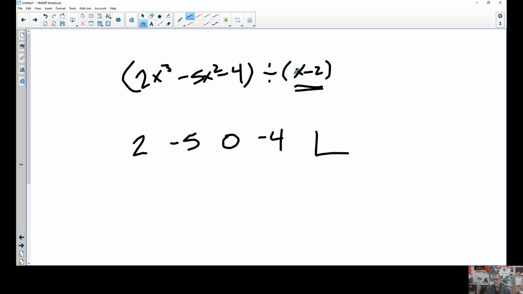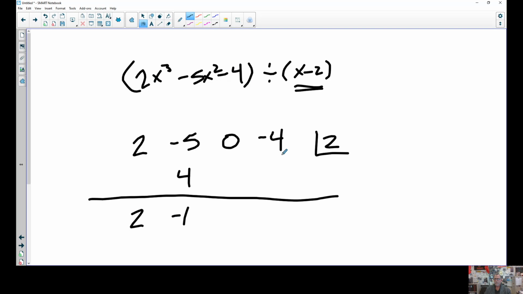In the box would go, well, look at this, a 2 is going to go in there. Now, if we had x plus 2 we were dividing in, it would be a -2 in there, just to be clear. We give ourselves a space, and now we start our addition. 2 plus 0 is 2. 2 times 2 is 4. -5 and 4 added make -1. -1 times 2 is -2.